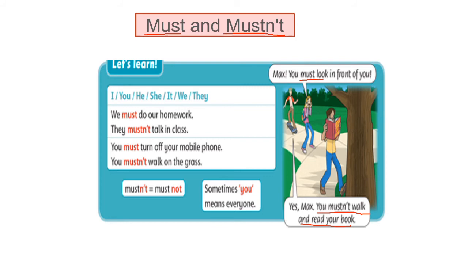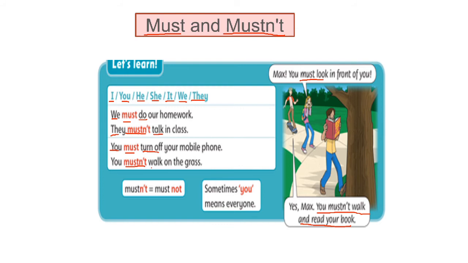Let's have a look here. For the subjects I, you, he, she, it, we, or they, so for these 7 subjects, if we want to make a sentence using must or mustn't, after the subject you just directly add the modal verb must or mustn't, and then followed by the base verb without adding anything.